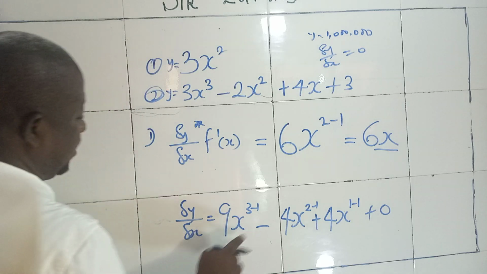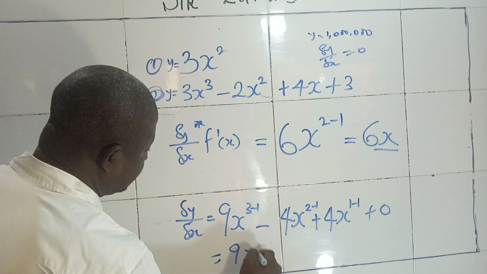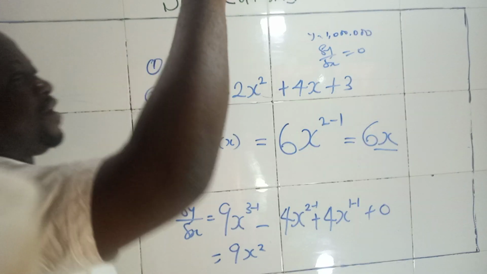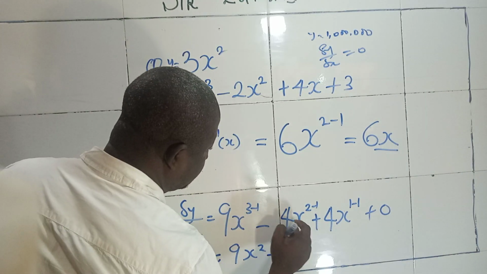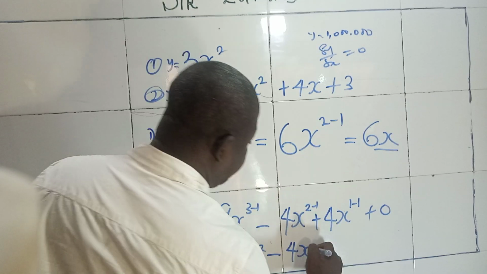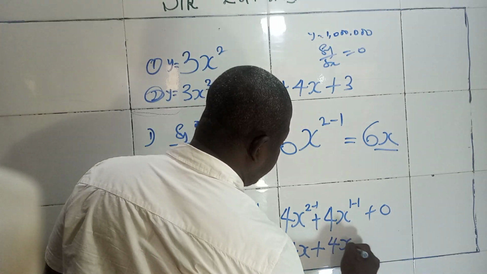So dy/dx of this is now 9x raised to power 2. This raised to power 3 can be 3, 4, 5, that's a polynomial. 9x squared minus, this is 2 minus 1, that's 1, 4x, plus 4x raised to power 0.